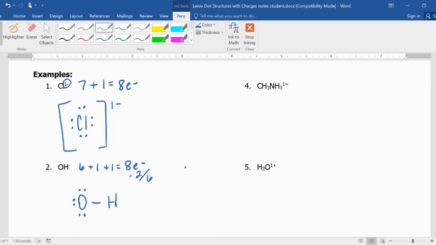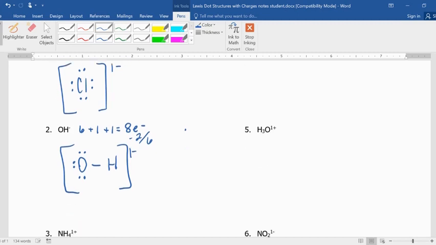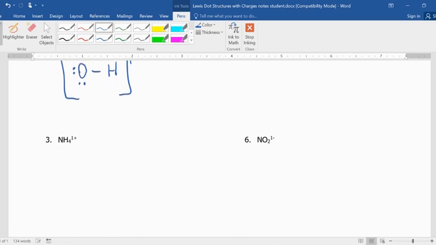Now we don't have any electrons left, but everything has an octet that needs it. And so this is done, except for step number 4. We need to put the structure in brackets and write the charge as a superscript. It's that easy. In fact, I think ions are actually easier than non-ions.